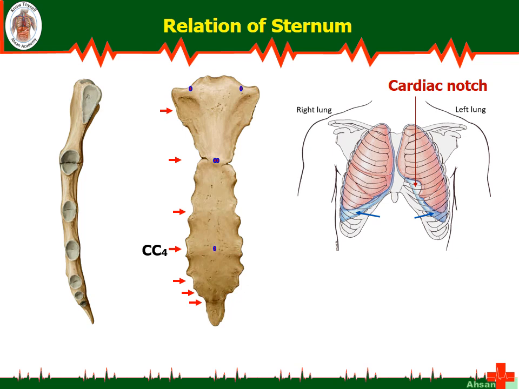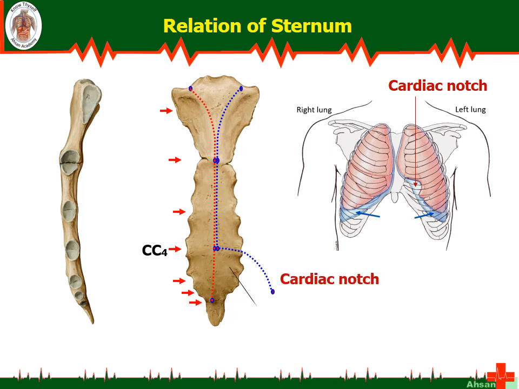So let us go down. It is at the fourth costal cartilage level, close to the midline, 2 points, and then the deviation occurs. On the right side, it goes down straight up to the xiphisternal joint, but on the left side, it deviates. This is on the 6th costal cartilage. So now drawing the line.